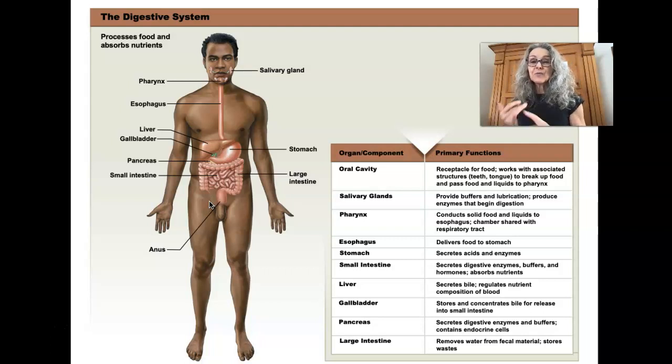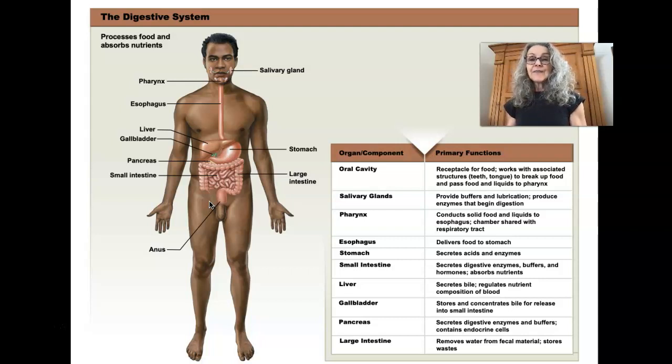The accessory organs would be the salivary glands that are producing moisture, saliva, and also enzymes that break down food, and also the pancreas, which is producing digestive juices, and the gallbladder, which is producing bile, which helps with the digestion of fats.